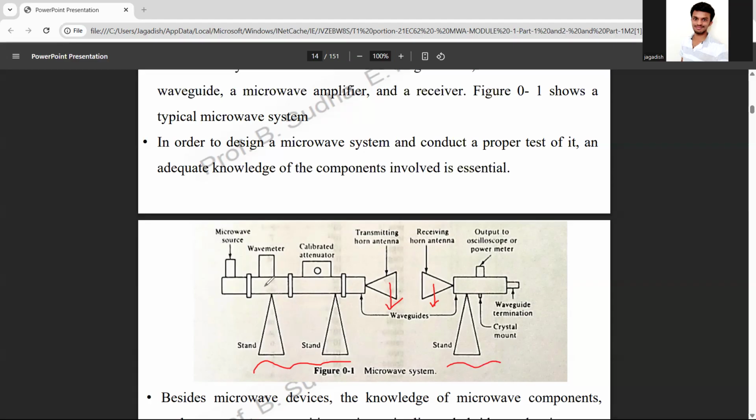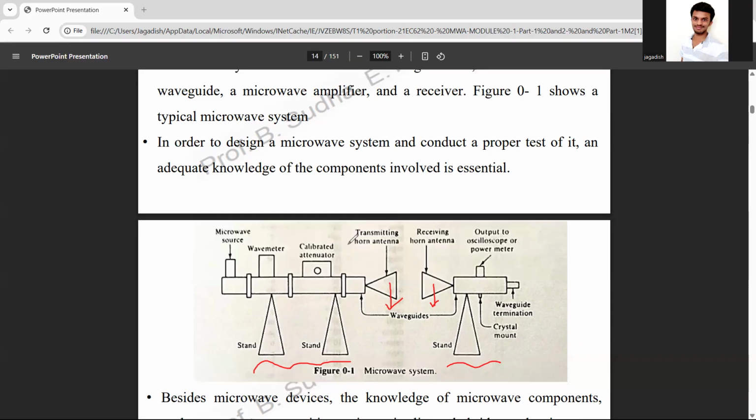Draw this diagram neatly. You have to show the microwave source, wave meter, calibrated attenuator, and transmitting horn antenna. There are more types of antennas, which we will learn in the 5th module, I guess, like Yagi-Uda and omnidirectional.